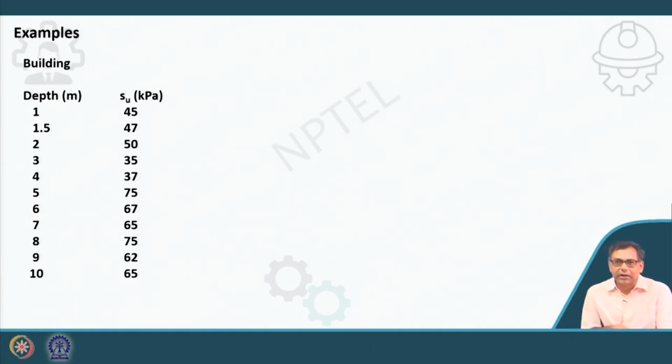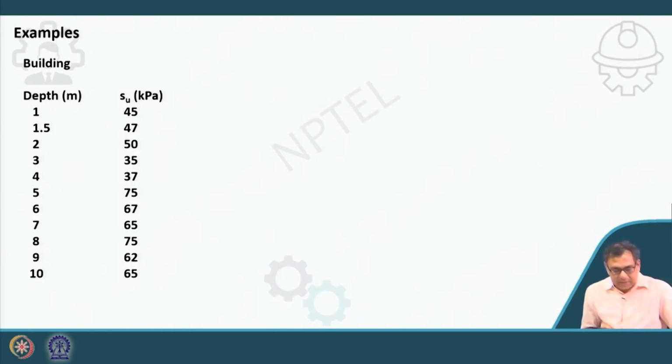Or you can collect the undisturbed soil sample and measure the CU. It is better to use the field test data. So CU or SU is known for different depths.